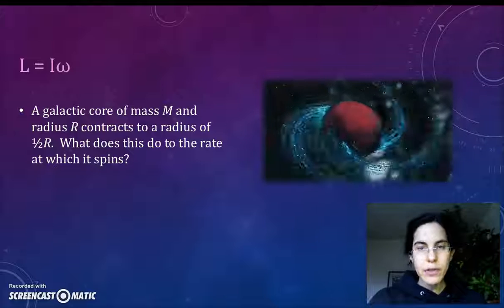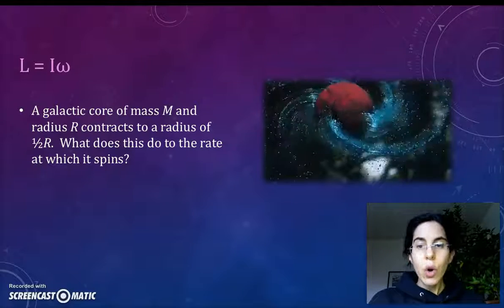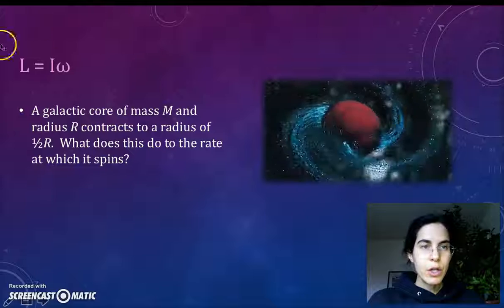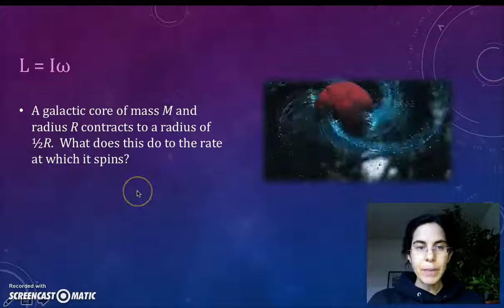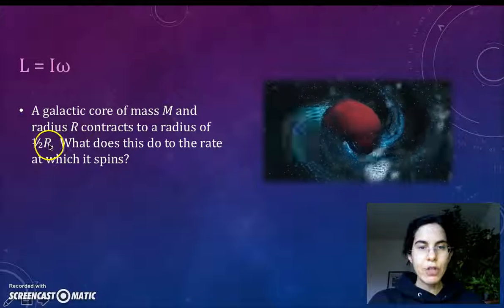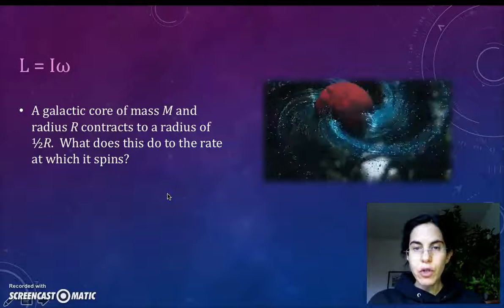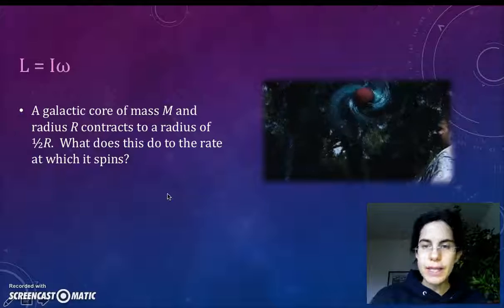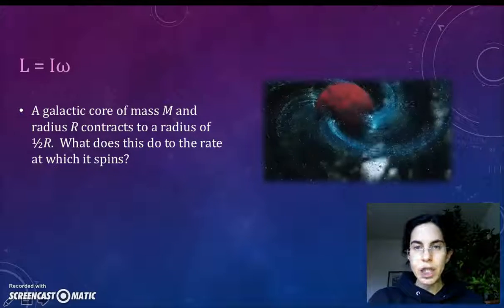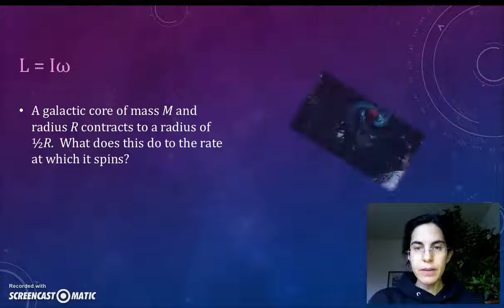When this happens as part of the death cycle of the star, what does this do to the rate at which it spins? Use your new formula and set up the conservation of angular momentum before and after. Solve for the new omega, the new rate at which it spins, as compared to the old one. Pause to do your work and then press play to check it or to get yourself unstuck.